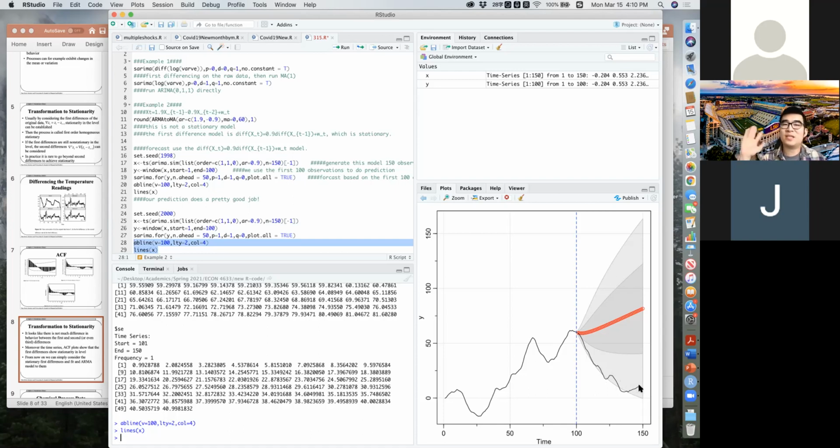But there's nothing wrong with this ARIMA 110 model. It's just that this model is not good enough to capture all the patterns in the raw data. We need to introduce more features, more ingredients in this model in order to capture this decreasing pattern.